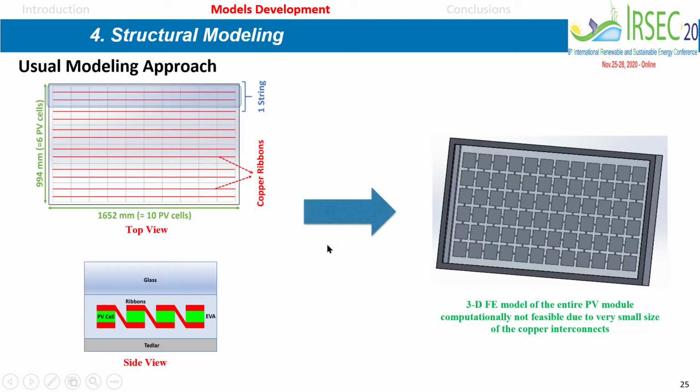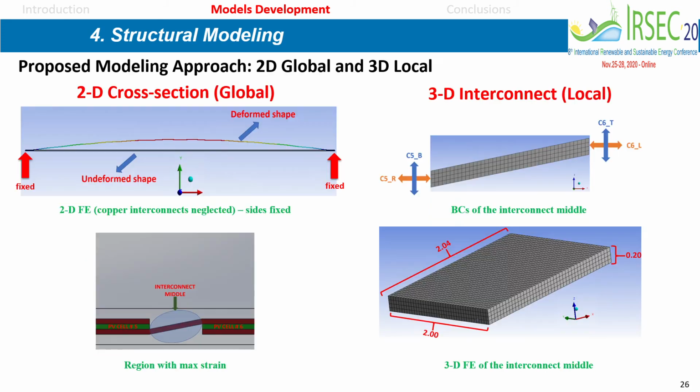For this, one can use a fully three-dimensional finite element model, which is very expensive computationally, but we reduce this by using a method that we proposed recently, an approach based on 2 steps: 2D global simulations and fully 3D simulations once we know where the higher stresses are.